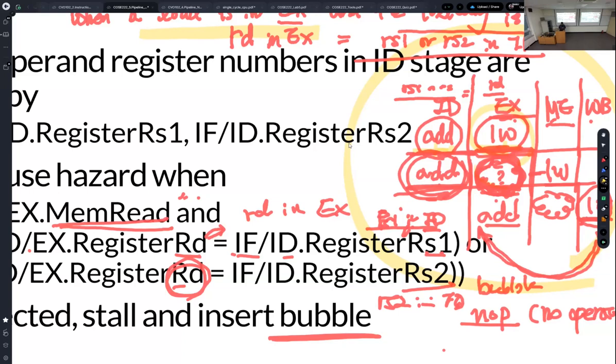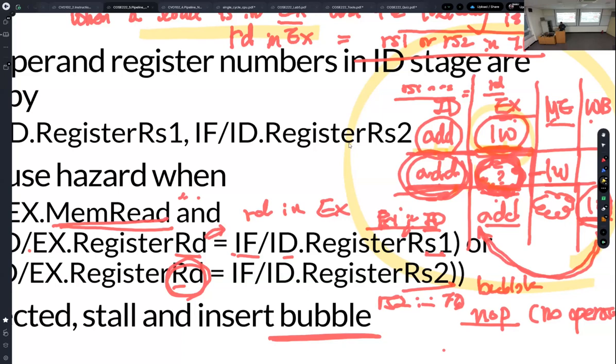But if data dependency is observed, which means the add instruction uses the data from the load instruction, the add instruction cannot use that data if it is in the EX stage, right?